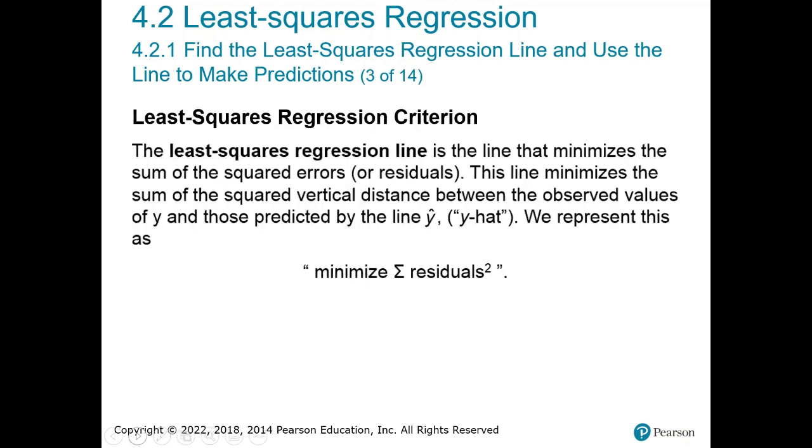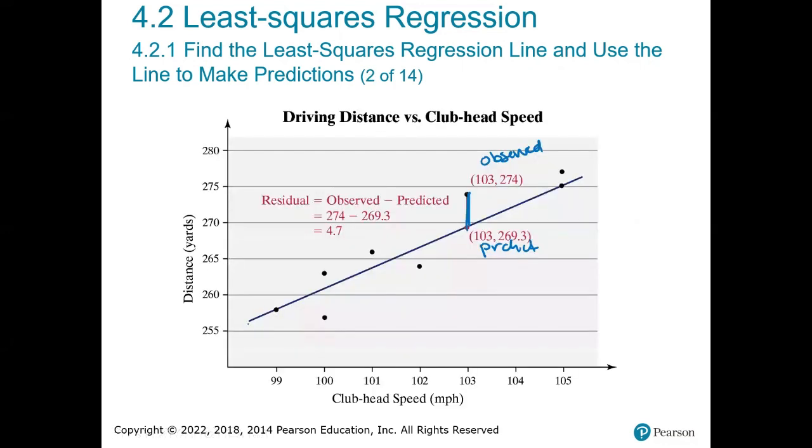Our goal is to create the least squares regression line, which is the line that minimizes the sum of the errors, or the residuals. What we're trying to do is make this line such that if I add all of these distances to the line, I get the smallest result. I want these to be as close to the line as possible, with the least amount of deviation from my line.